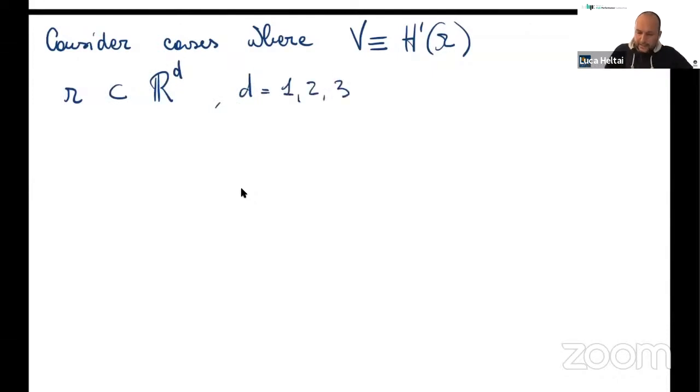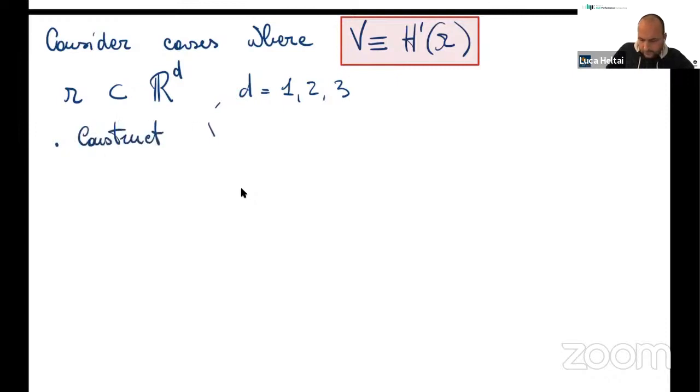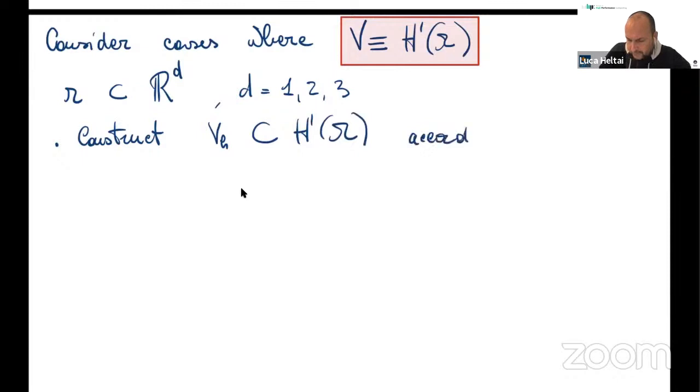And in particular, in this case, when you have the function v, which is in H1 of omega, what you want to obtain is a subspace of H1 of omega according to two ingredients.